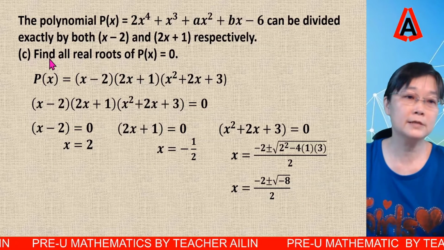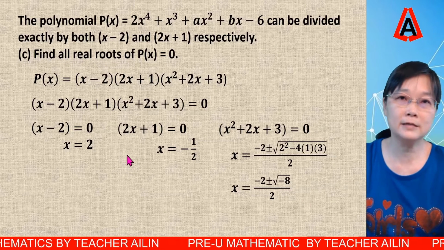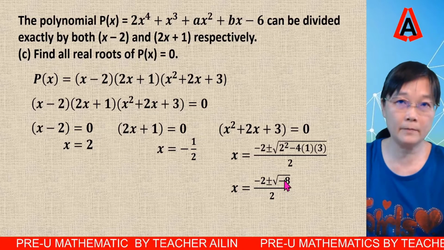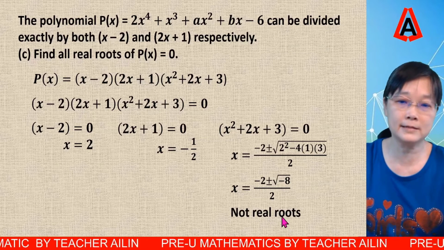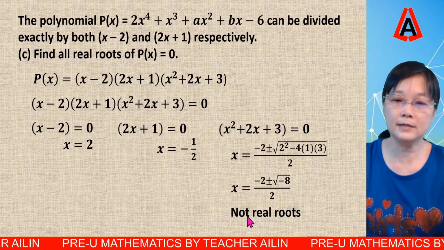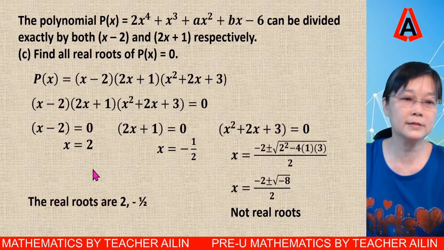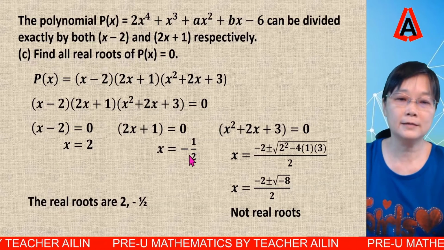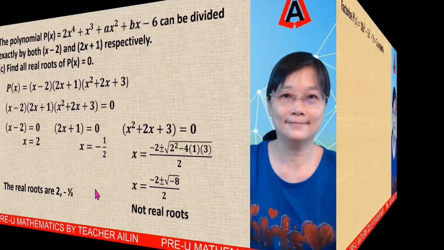Since the question asks for real roots, the answer should be a real number. So we are not going to take the complex number as the answer. We give the reason that the x here is not a real root. Therefore, the real roots are x is equal to 2 and x is equal to negative 1 over 2.